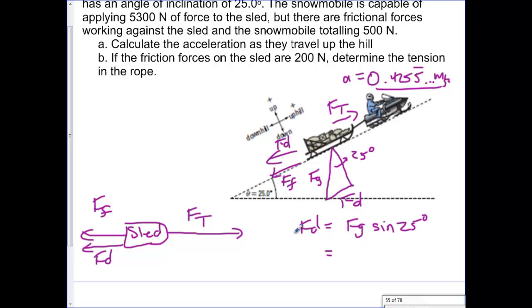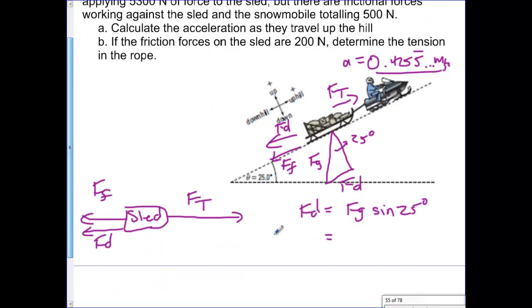Yeah. What's its mass again? 50 kilograms? Yeah. Okay, so 50 kilograms times 9.81 meters per second squared times the sine of 25. That's going to be what your FD is. I got 207.29. Okay.